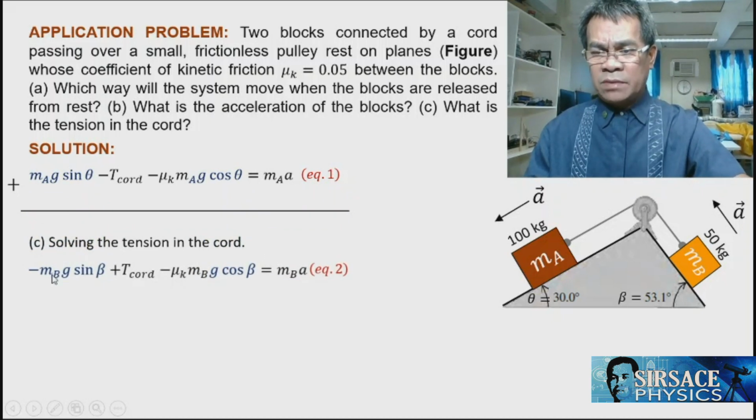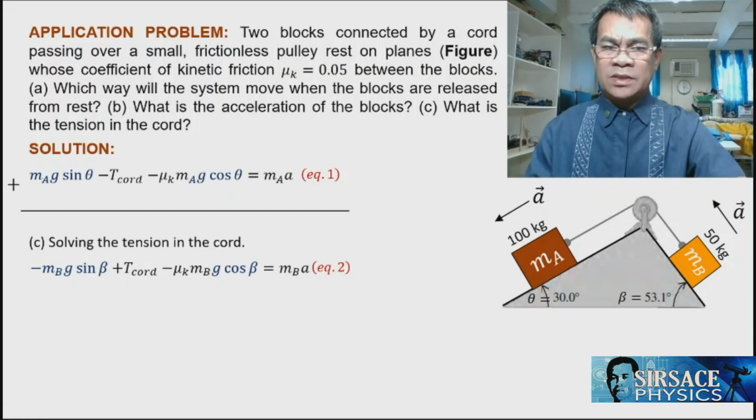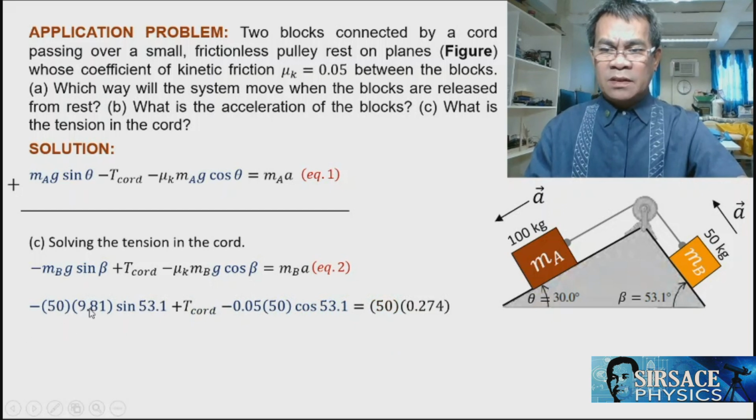I will substitute mass B, gravity, beta, mu K, and so on. The only unknown is T cord because a was already calculated, so we can replace that with the values. This is the mass of block B, this is the acceleration, 53.1 as the angle beta, T cord is unknown, friction is 0.05, mass is 50, cosine 53.1.